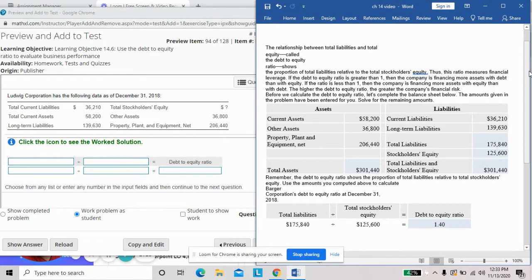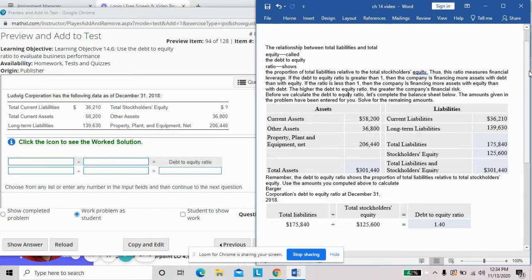Thus, the ratio measures financial leverage. If the debt to equity ratio is greater than 1, then the company is financing more assets with debt than with equity. If the ratio is less than 1, then the company is financing more assets with equity than with debt. The higher the debt to equity ratio, the greater the company's financial risk.